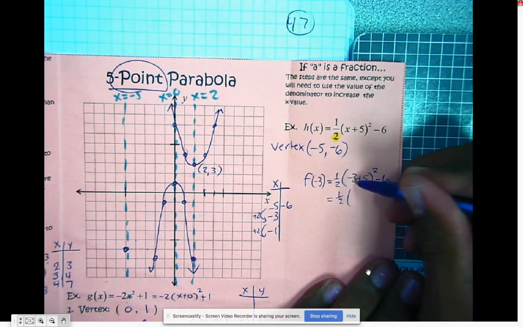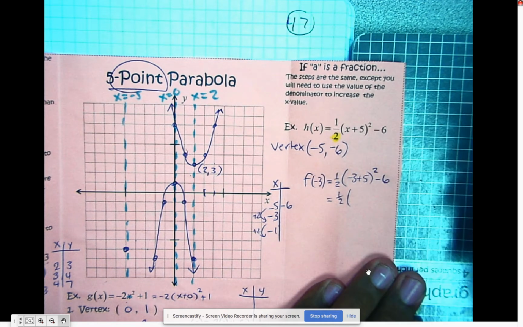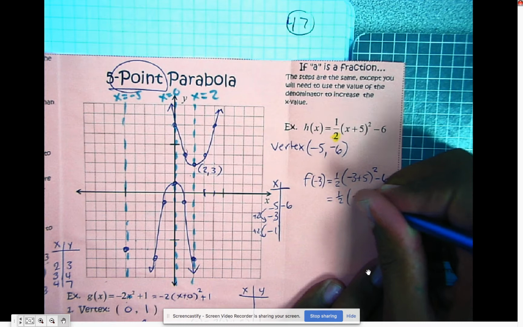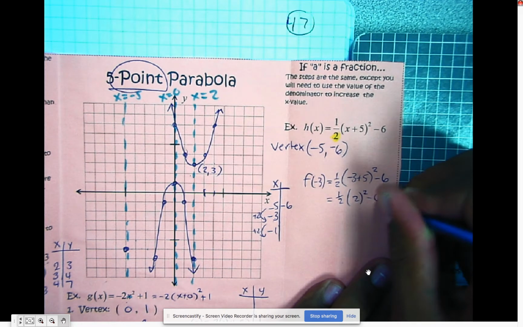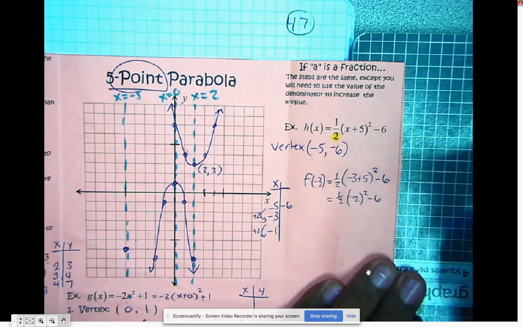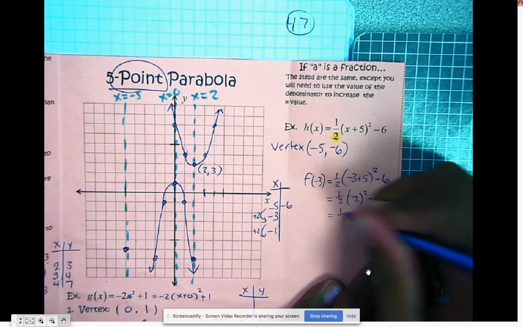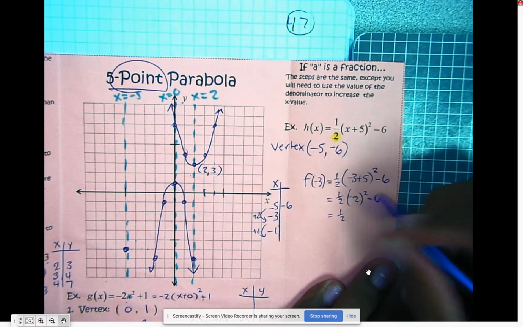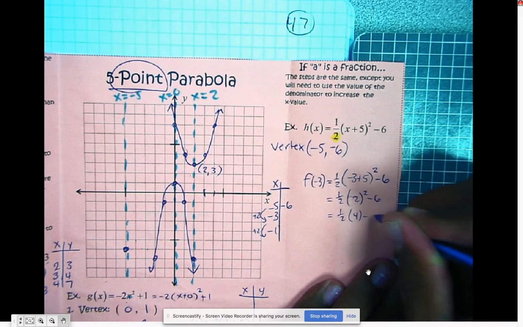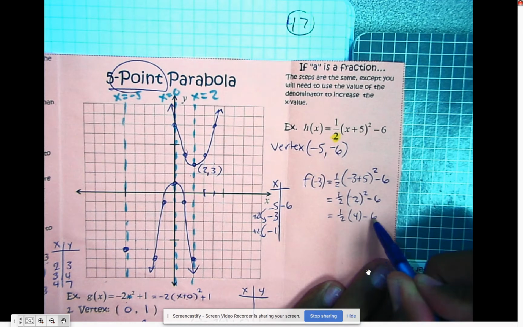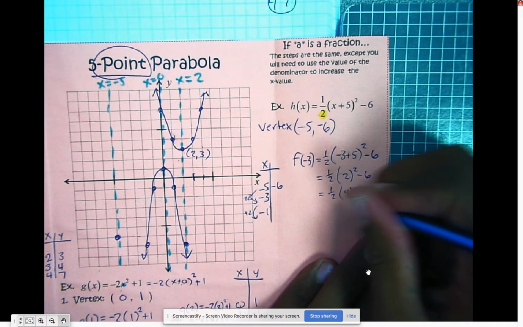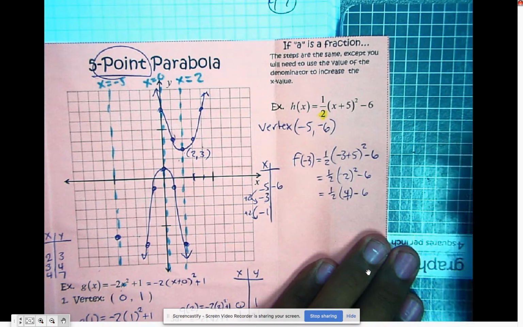Now -3 plus 5 is 2. Again, first do the exponent. 2 squared is 4, and 1/2 times 4. You can do this in the calculator if you want, or put the 4 over 1 and then multiply across.